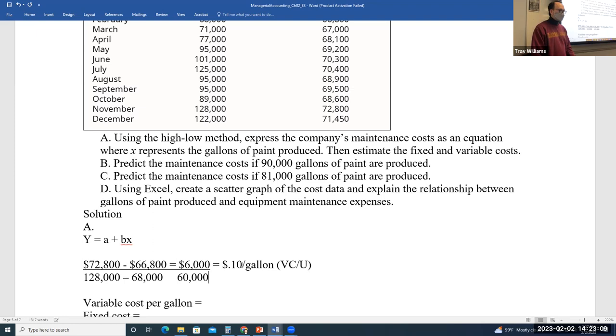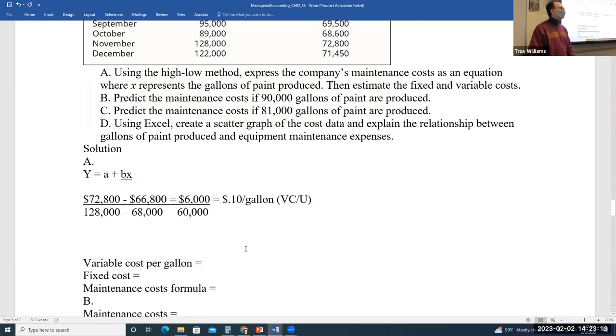Okay. Now the next thing we have to do is what? We need to find out what our total fixed costs are, correct? And how do we do that? We have to pick one of these months, and it doesn't matter. This was November, and this was February.